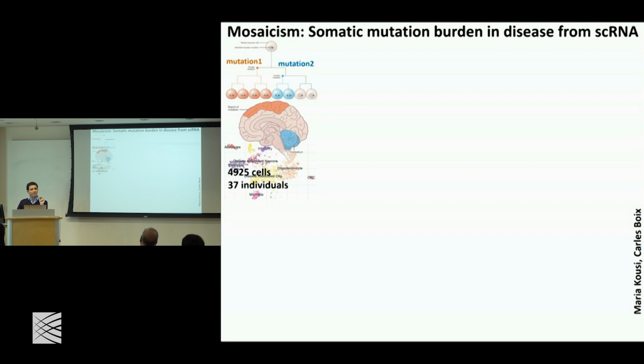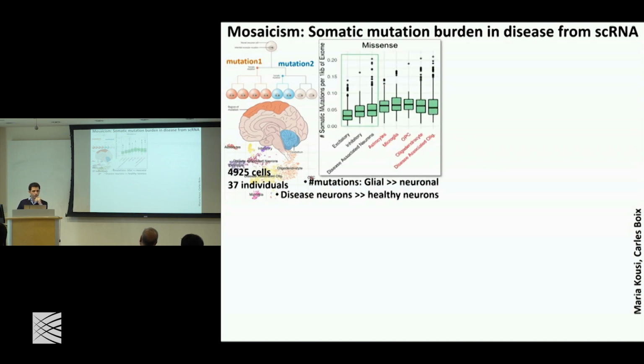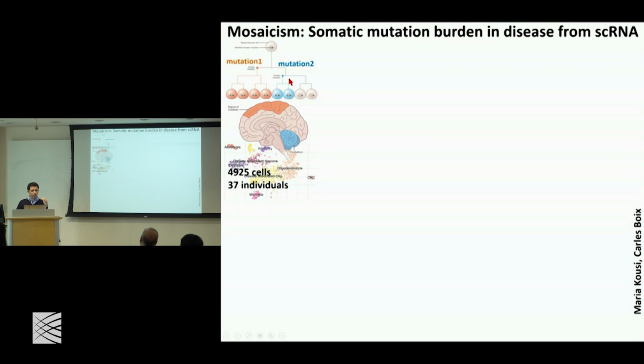The other thing we can do with single-cell RNA sequencing data is actually look at mutations at the single-cell level. And what's really important here is that as the brain develops, you can actually have somatic mutations that then propagate to entire regions of the brain, an entire group of cells.